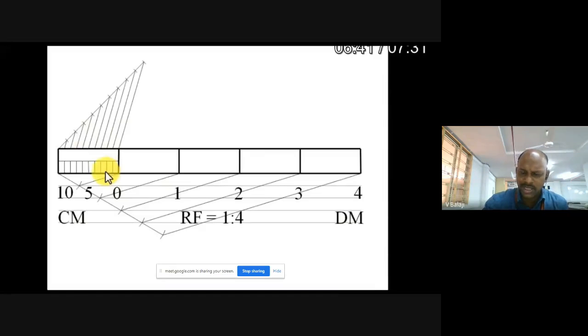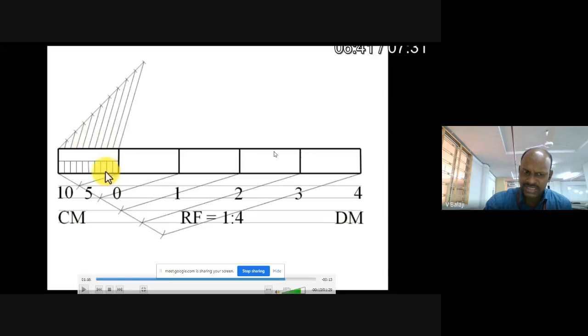Whatever value is given in the problem, you can easily mark on this scale. Can you mark 3 decimeter 7 centimeter on this particular scale? You can draw one vertical line from 3 and highlight the 7th division. Somewhere here you draw one more vertical line, and you draw one horizontal line 1 centimeter away from the rectangular box.